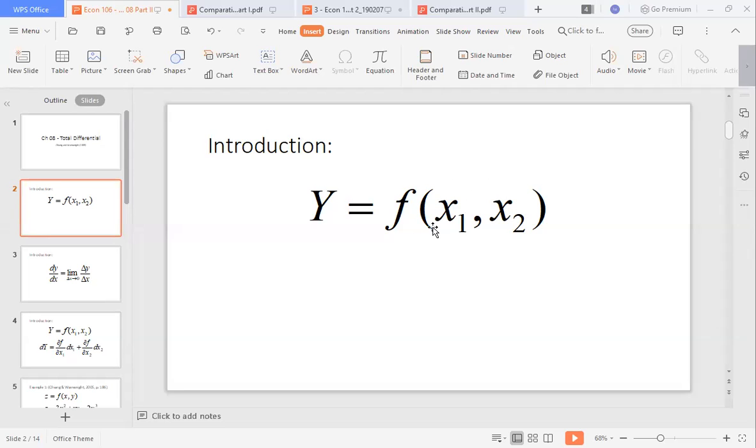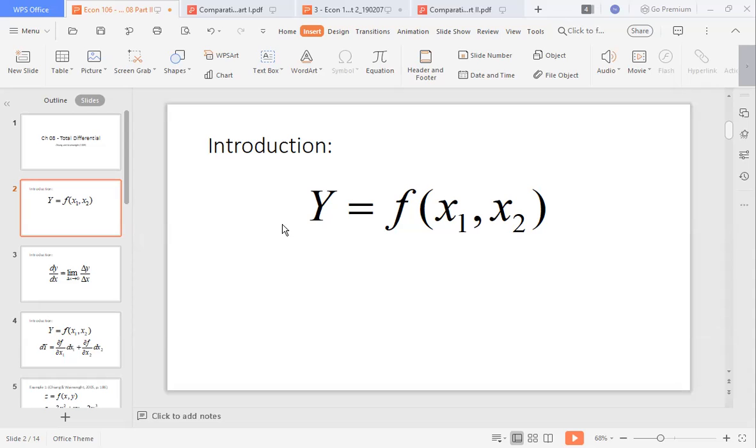So the change, when you talk about delta or changes in these variables, is only here, okay? It's only delta x sub 1 and delta x sub 2. When you talk about total differential, it now is a change in y itself.